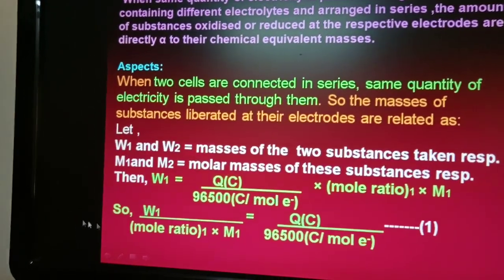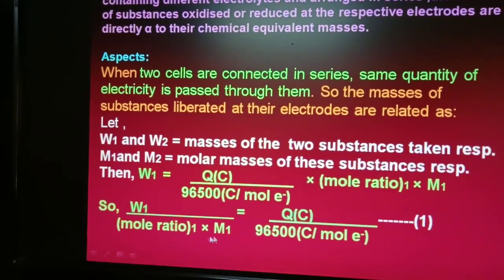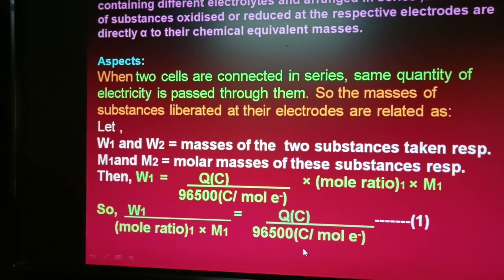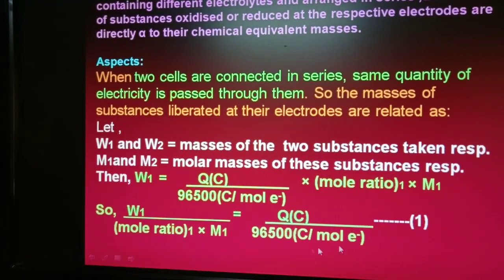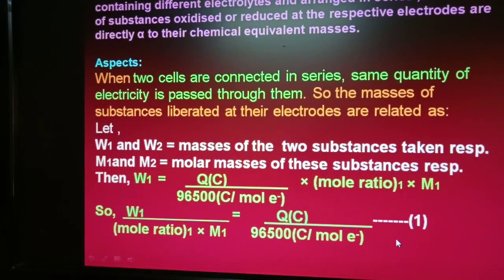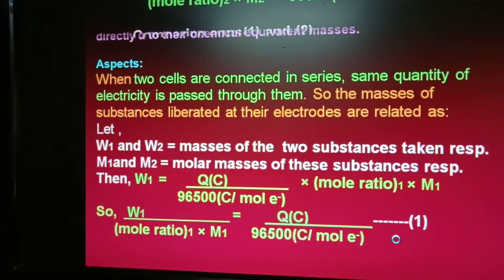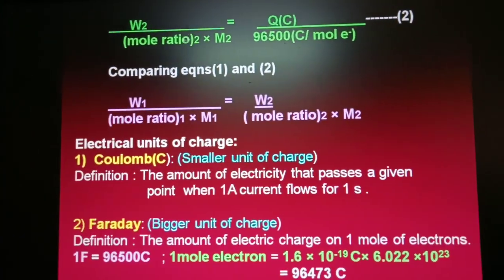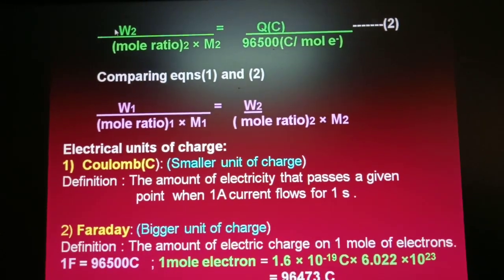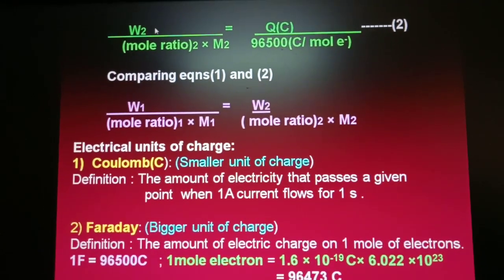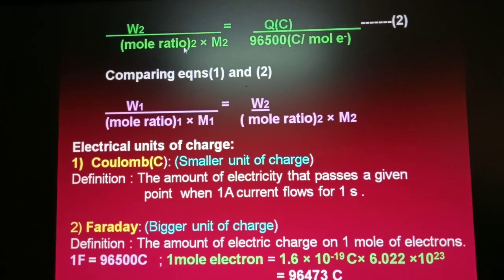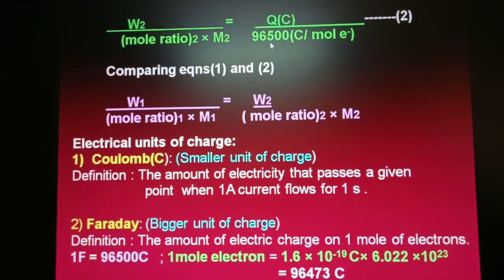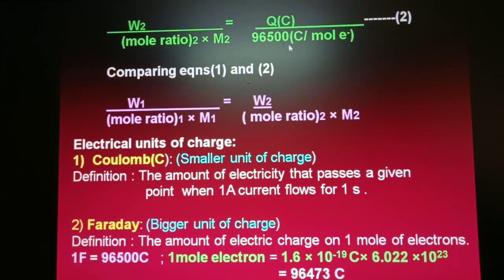So we get W1 upon (mole ratio 1 into M1) equal to Q upon 96,500.